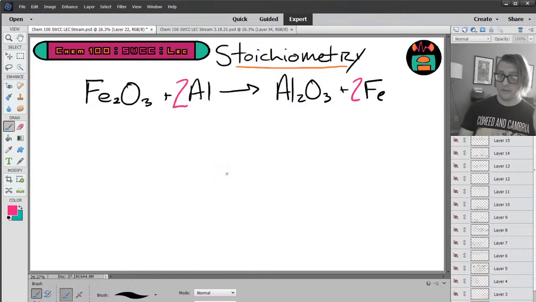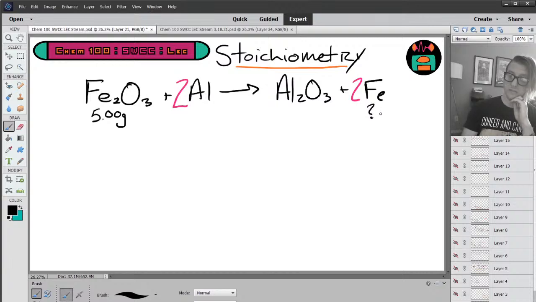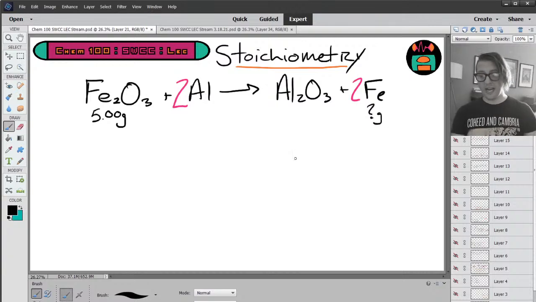Now we're ready for part B. So this is part A, and part B says we have 5.00 grams of iron 3 oxide, and we're asked what is the theoretical yield of iron.